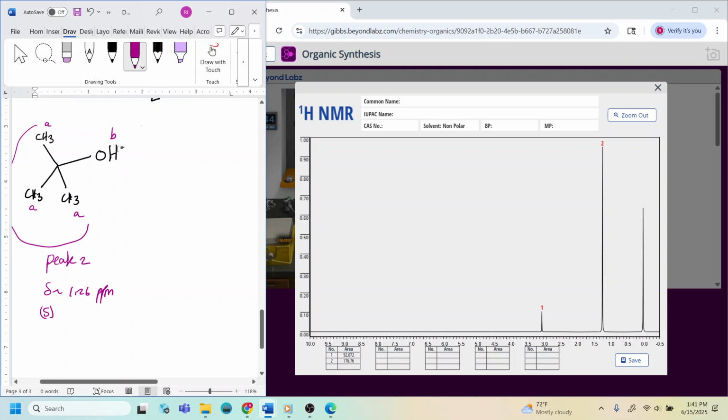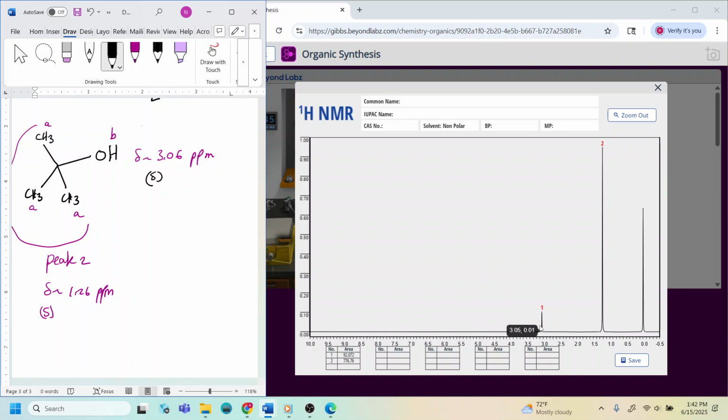Even if it did, the hydrogens from the OHs and NHs always appear as one peak, a singlet. So the OH is simply going to show at 3.6 parts per million, and the multiplicity is going to be a singlet as well.